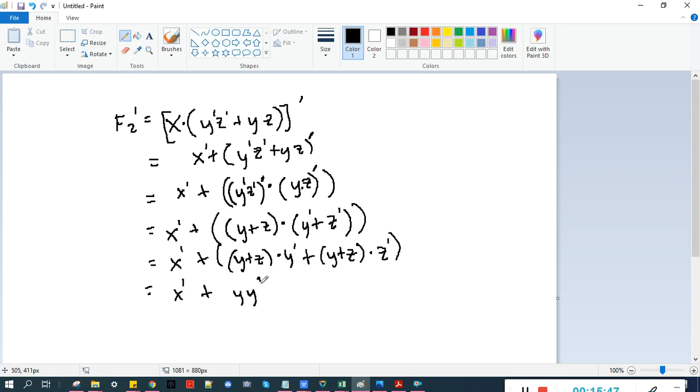Distribute: y prime plus zy prime plus yz prime plus zz prime. This is 0, this is 0. What remains is x prime plus y prime z plus yz prime.